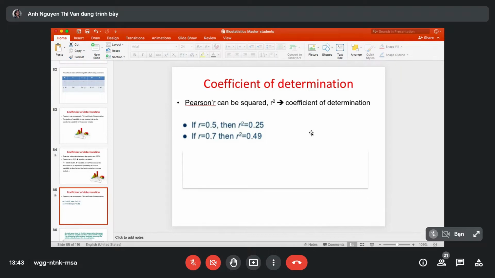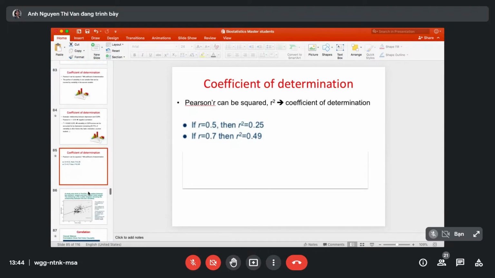So it means 49% of variability in one variable can be explained by the second variable. The remaining 51% of variability in one variable is affected by other factors. So there exist other factors that affect the variable.